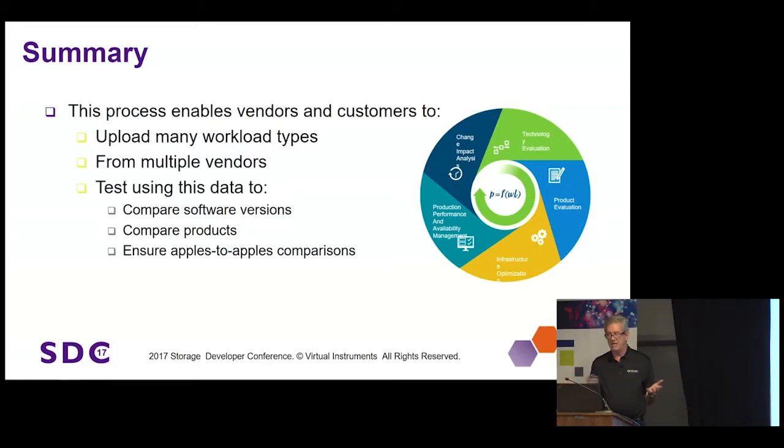As I said, not only do we do this for bake-offs, we do this for regression all the time. We have a couple of very large customers that you would recognize that will not put anything into production until they've done testing using our load generation tools, because the worst thing in the world is a regression. Well, the worst thing in the world is an outage, and regression can lead to outage.